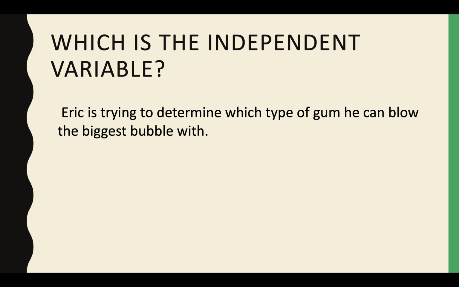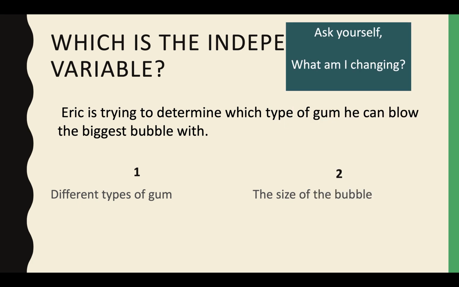Eric is trying to determine which type of gum he can blow the biggest bubble with. Ask yourself, which is the independent variable? 1, the different types of gum, or 2, the size of the bubble? Ask yourself, what am I changing? What is Eric changing?